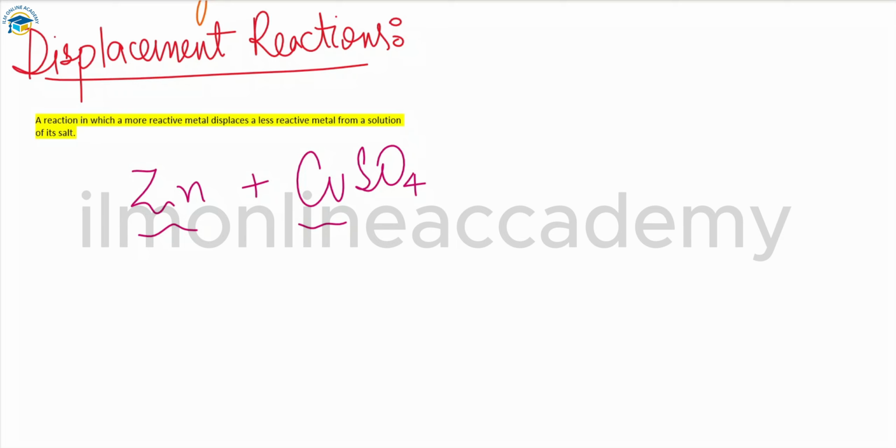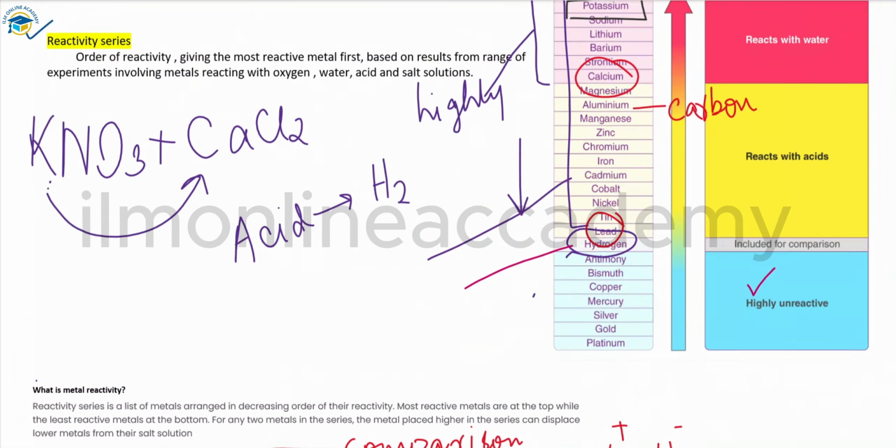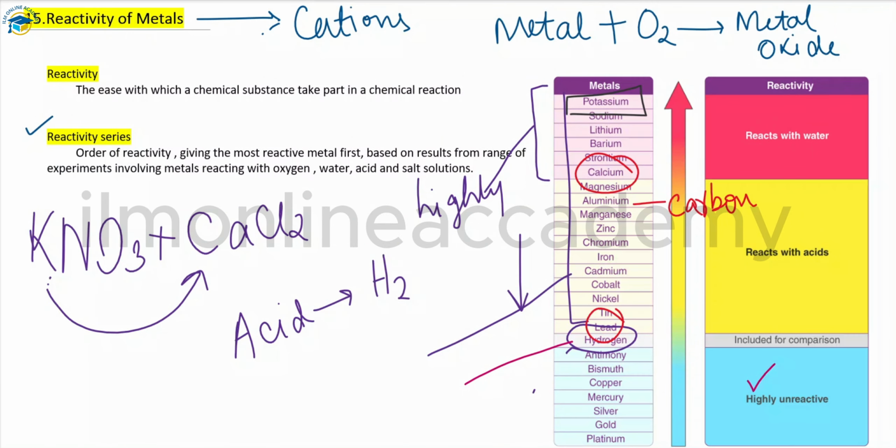So when zinc reacts with the copper sulfate, what will happen? Now we have to check the reactivity of the metals from our reactivity series. We have two metals: zinc in the reaction and copper. So you have to check where they are placed in the reactivity series. We have zinc here and we have copper here.